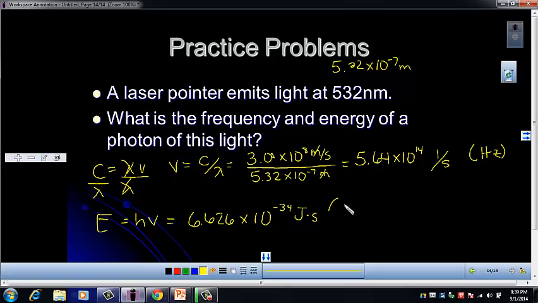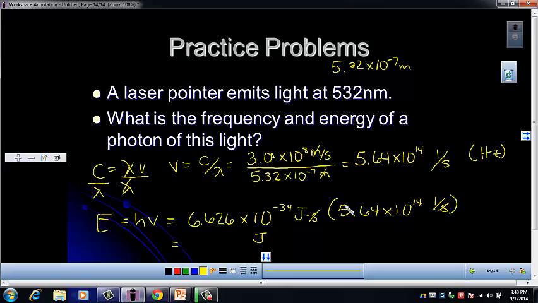And then we're going to plug in our frequency, 5.64 times 10 to the 14th. I'm going to leave that unit as 1 over seconds, and I'll show you why as we deal with our units here. As you can see, we've got joules times seconds, so this second will cancel this seconds, and then we're left with our unit of energy, which is joules.